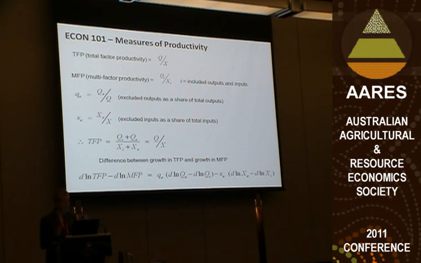And it matters whether you're omitting a lot of relevant outputs or a lot of relevant inputs, as that will drive smaller or larger changes in our measured MFP vis-a-vis our ideal TFP.